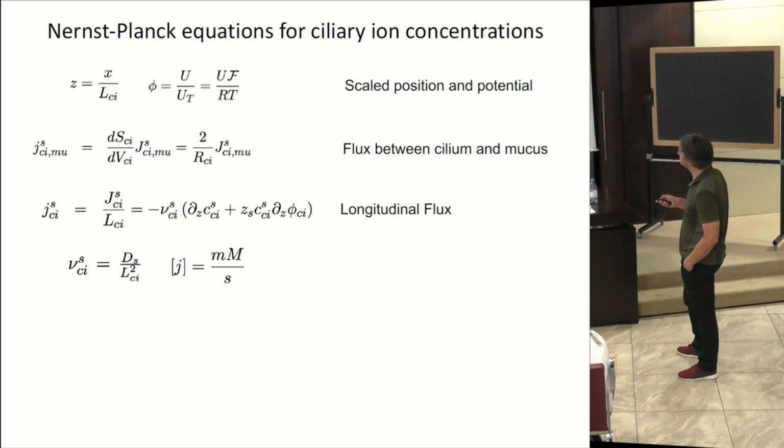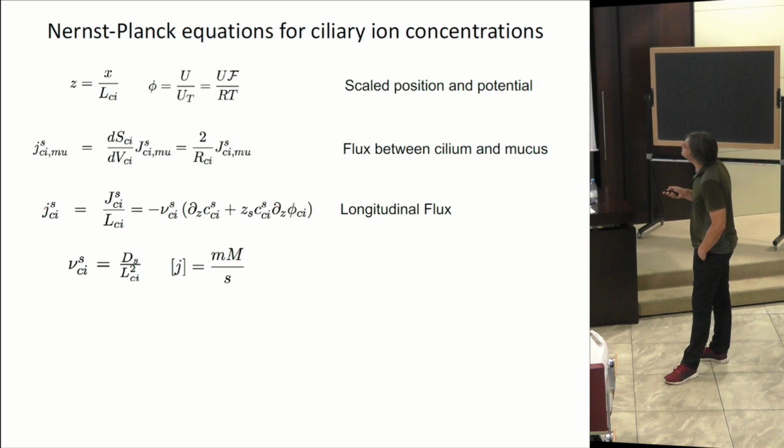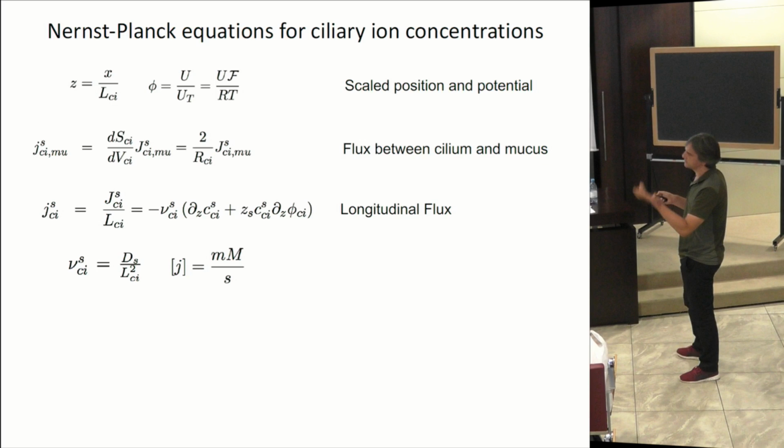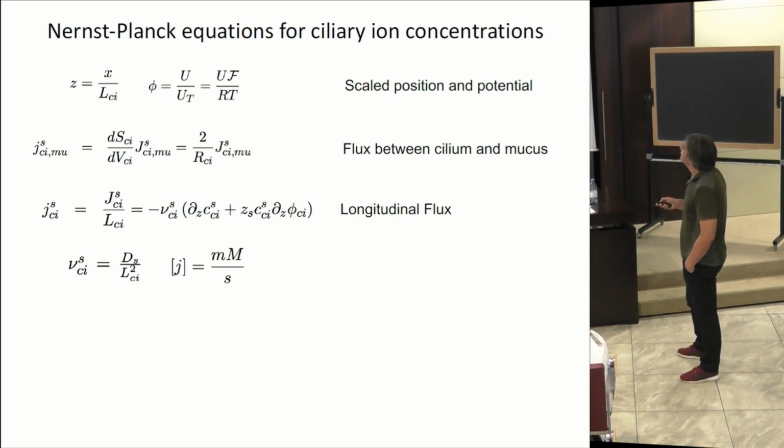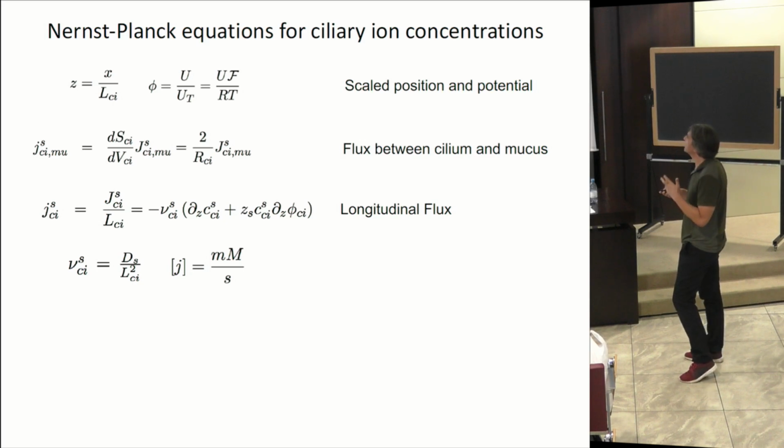You can also use the longitudinal Nernst flux, which has the diffusion term, and you have the drift term due to the potential. If you use this rescaling, you have this diffusional timescale, which is given by D over L squared. This is what Thibault talked about this morning. This is a very slow timescale due to the diffusion. If you do this rescaling of these 2 fluxes, you can see that they have units of millimolar or molar per second, which is very convenient because if you have a flux of 1 millimolar per second, you know that in 1 second it would change the concentration by 1 millimolar.